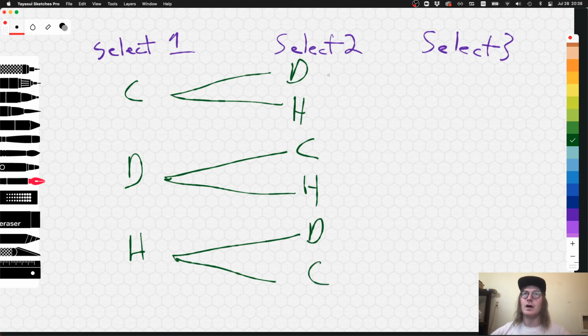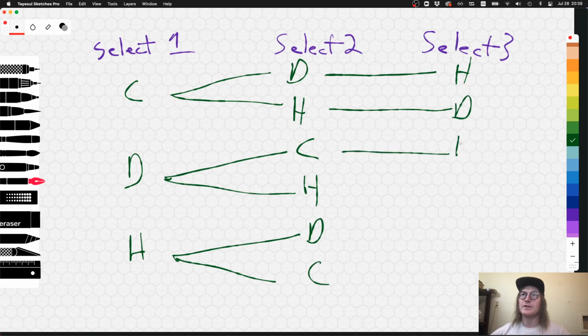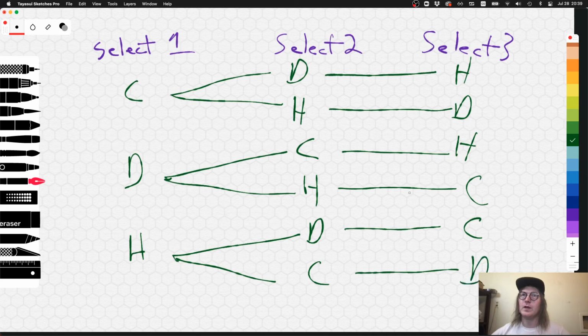And this necessitates the final selection. So cat, dog, hamster, cat, hamster, dog, dog, cat, hamster, dog, hamster, cat, hamster, dog, cat, and hamster, cat, dog. There are 6 ways to do that, and we can see it.